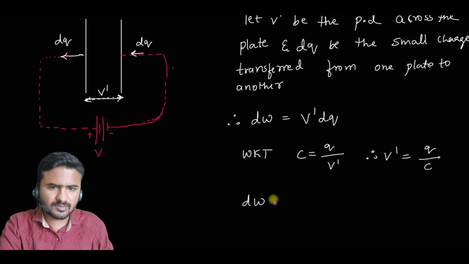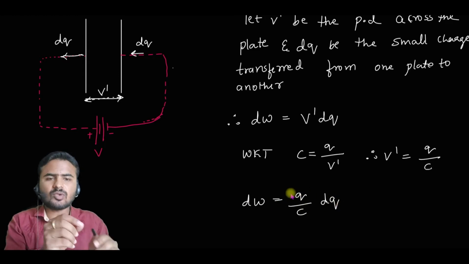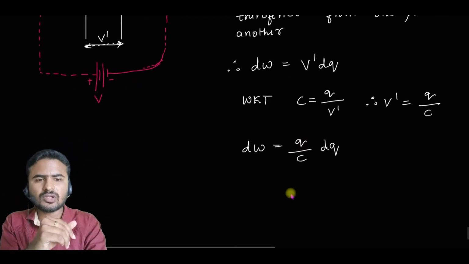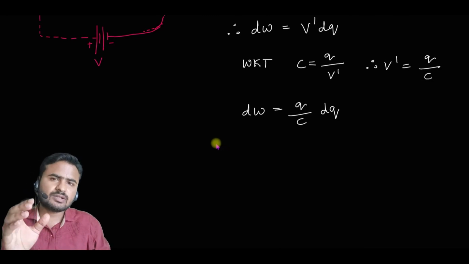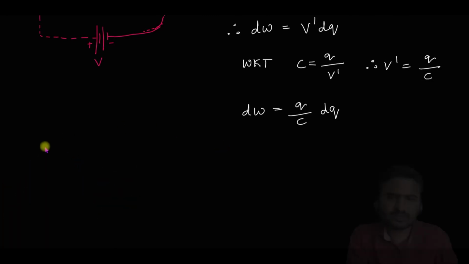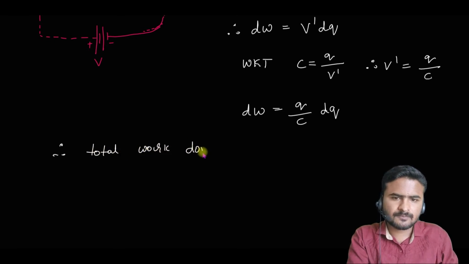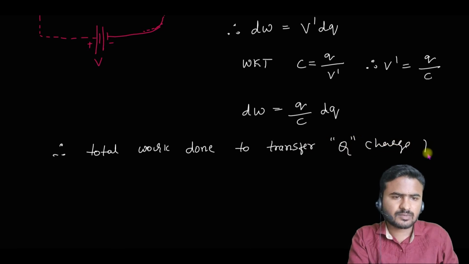So what do we get? dW is equal to Q by C into dQ. This is the small work done to transfer dq amount of charge from one plate to another plate. Now I want to know the total work done to transfer charge capital Q from one plate to another plate.